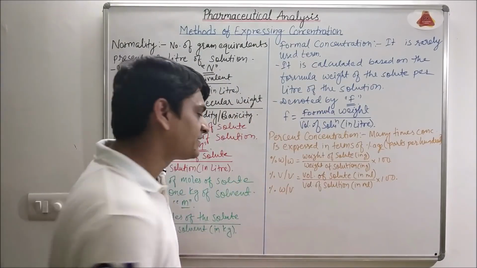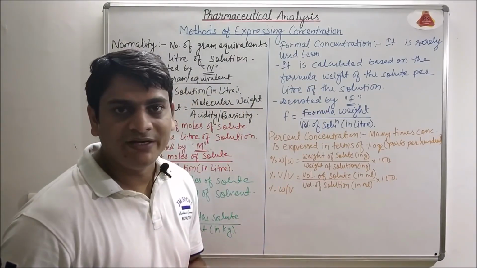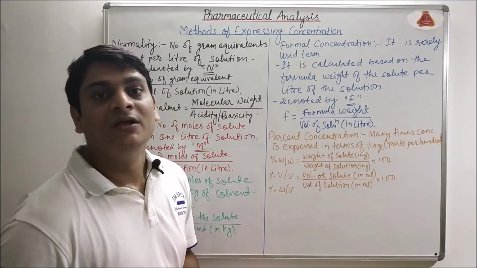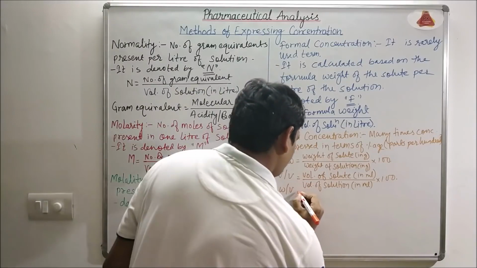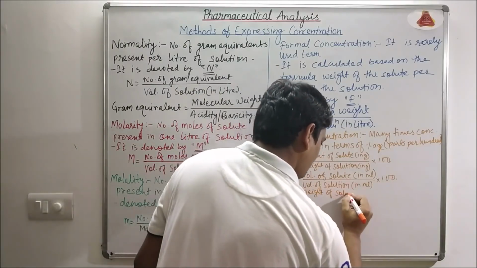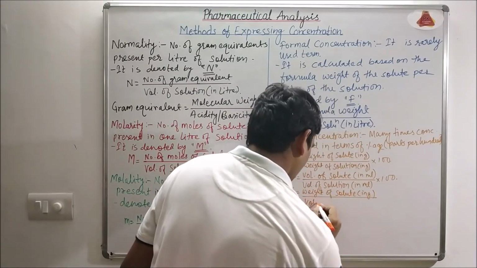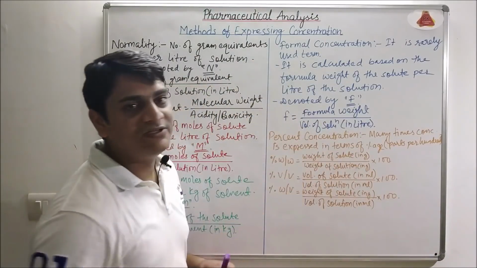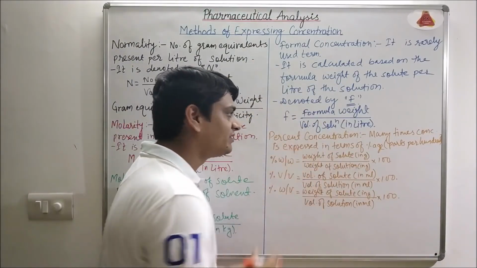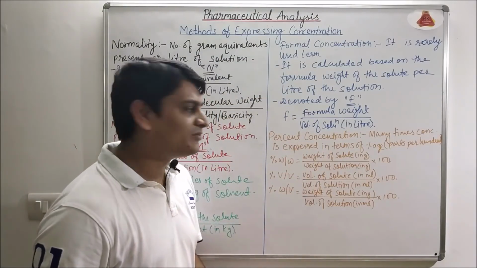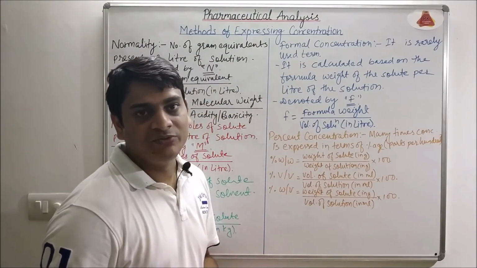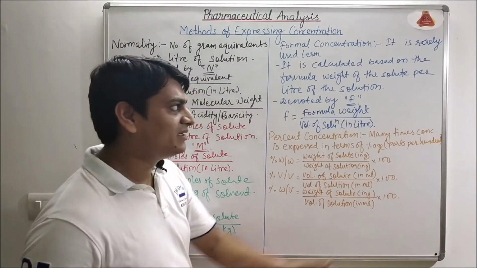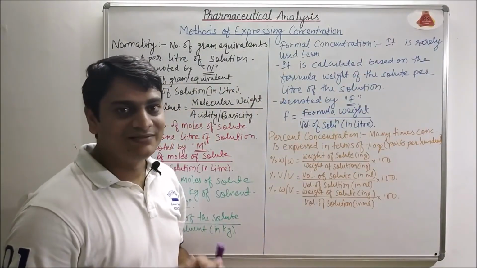So the formula for percent weight by volume is equal to weight of solute in gram divided by volume of solution in ml multiplied by 100. So this is the definition and the formula for percent concentration. I have already discussed the details about percent concentration with a few numerical problems in my dedicated video of percentage concentration. The link is given here, so you can watch that video.